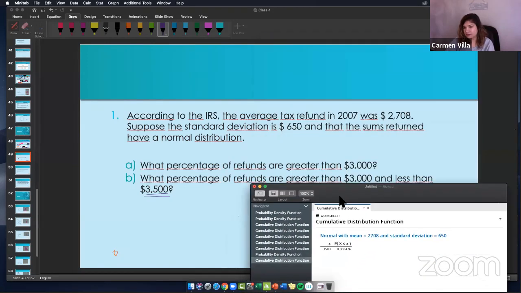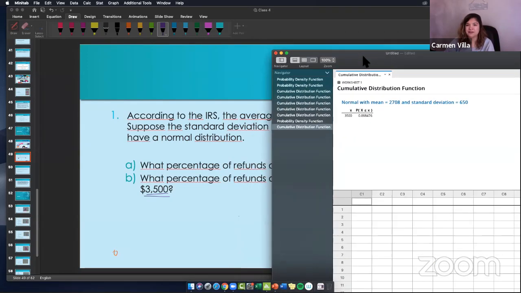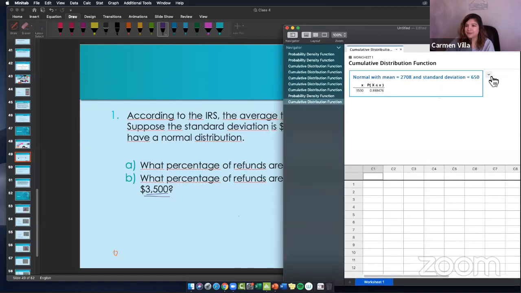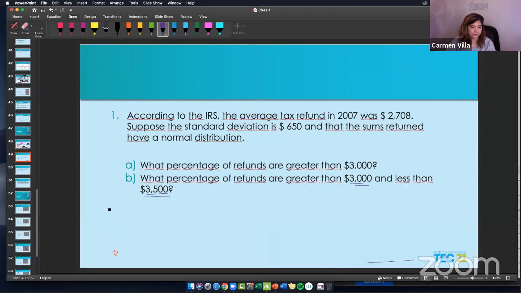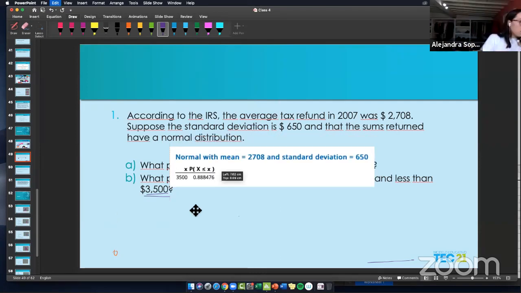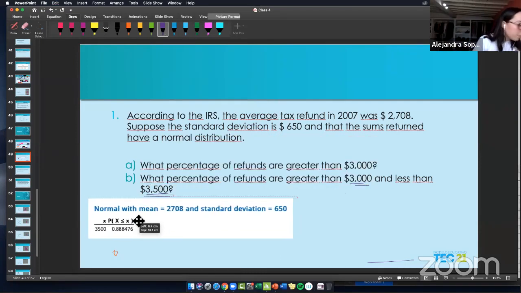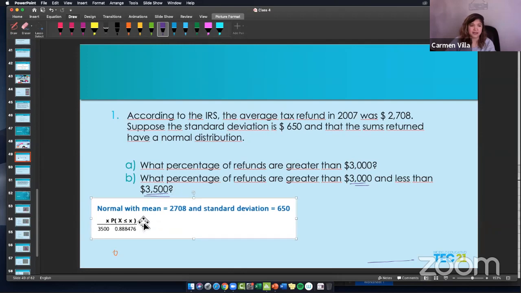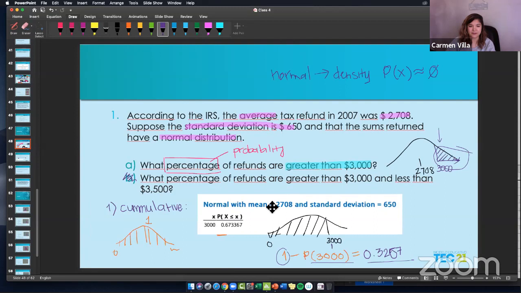And we already have the one with 3,000, right? Yes. So we take the one with 3,500 and subtract it from the one that we got previously, which is this one.